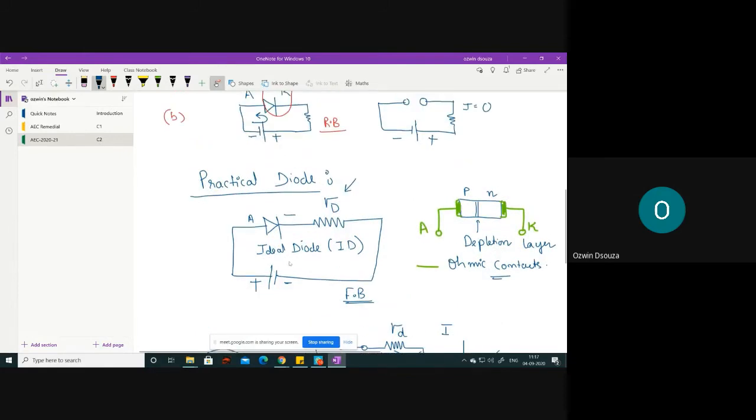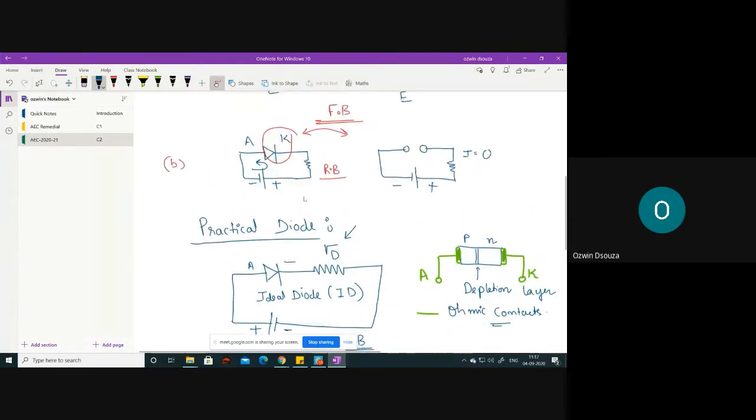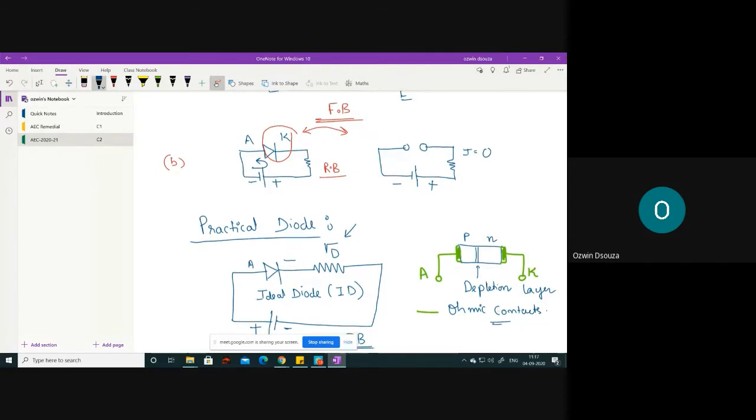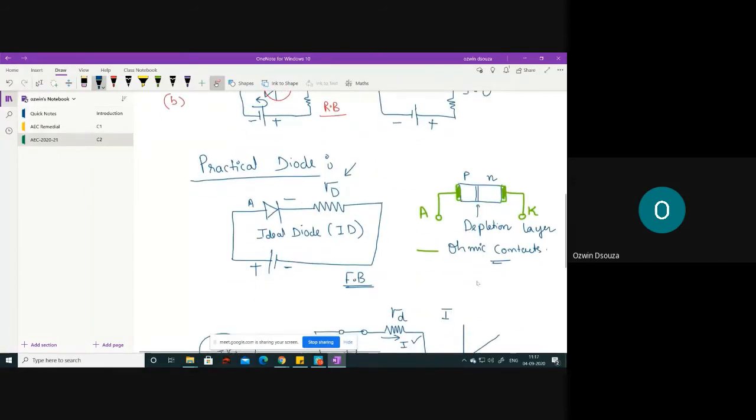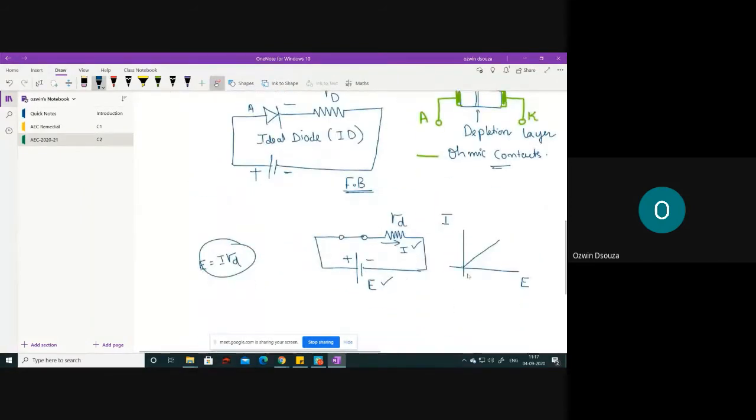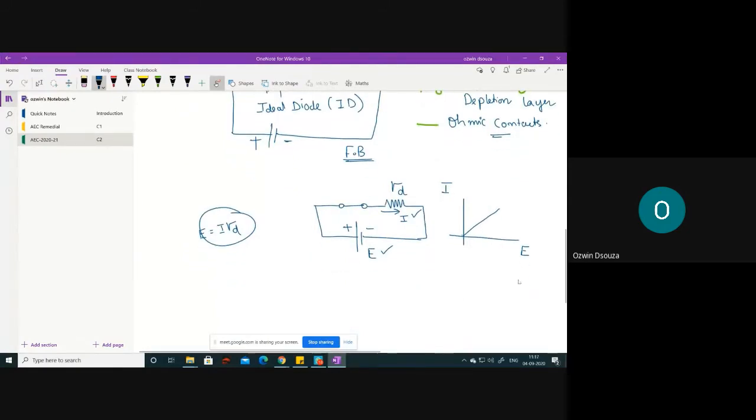The difference between circuit 2 and circuit 1 is that we have introduced the diode resistance, which is due to the contacts. Now, if you look at the VI characteristics, we get something known as a resistor response.